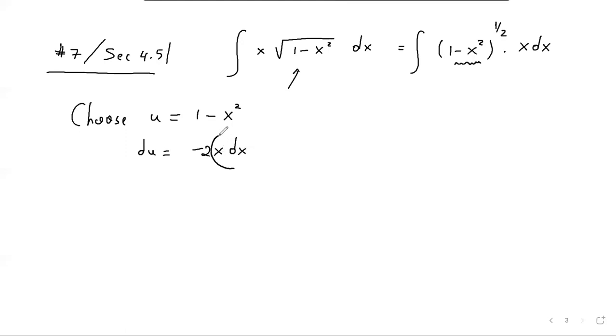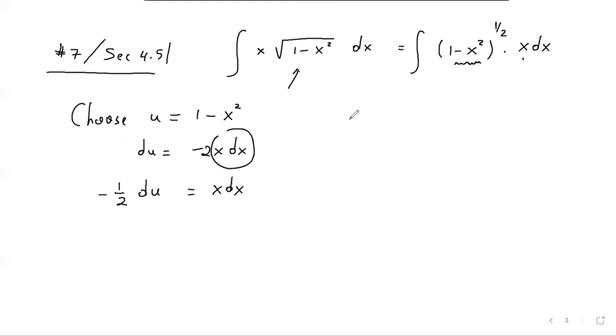So look here, folks, this x dx, you see that here? So x dx is almost there. It's not entirely here, but it's matching up to a constant. So x dx can be found out. If the derivative is negative 2x, I can figure out x dx simply by dividing by negative 2. So negative 1/2 du is over here.